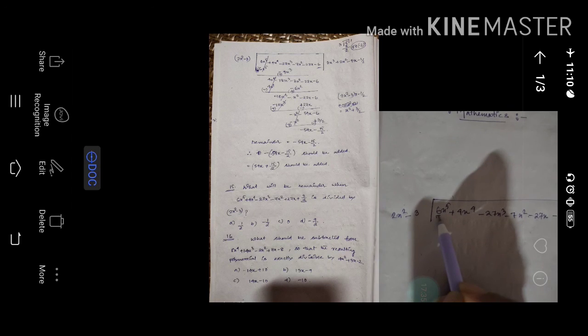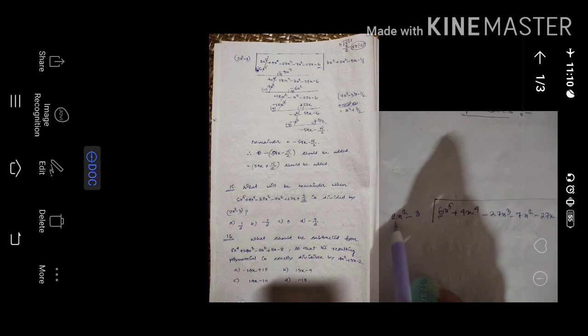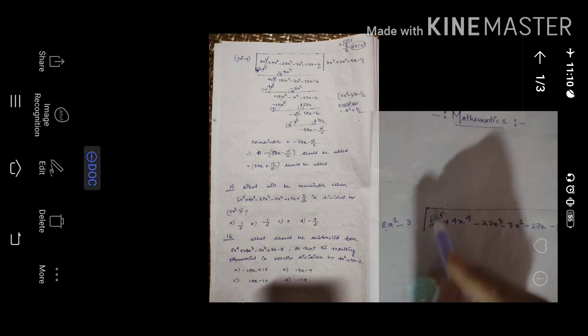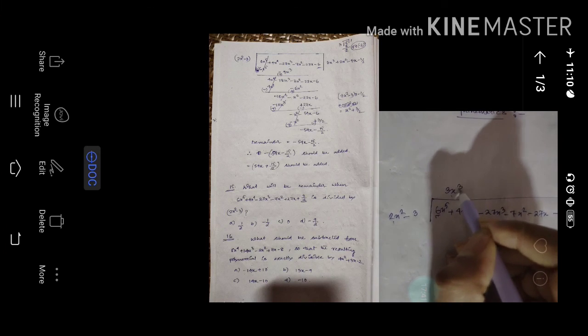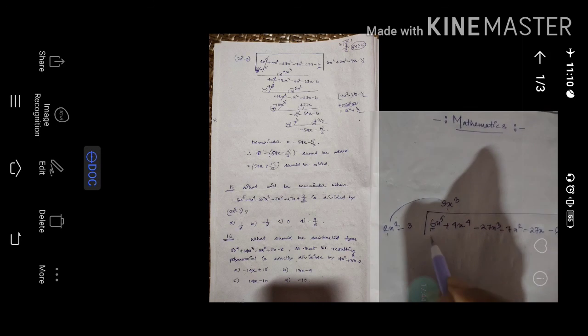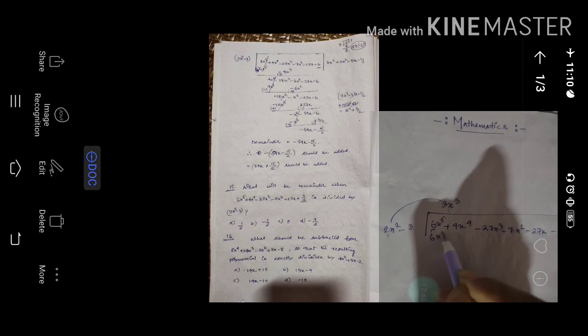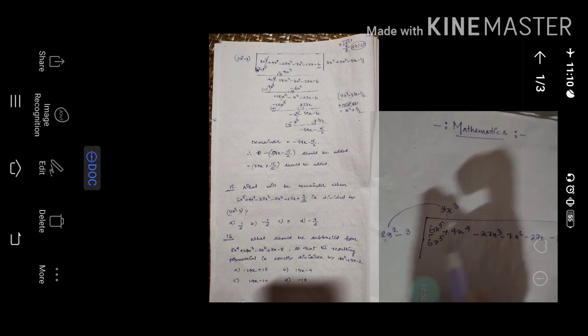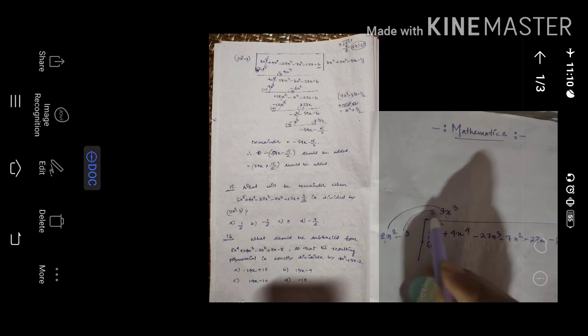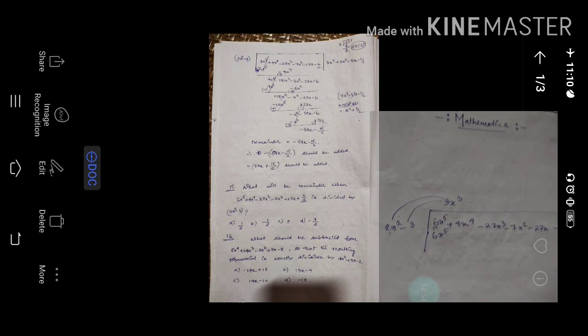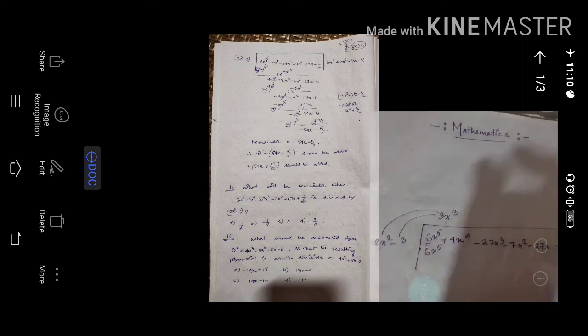Here, first of all you have to check the first term only. So here 6x power 5, that means I need this one, and the divisor is 2x square. So if I multiply with 3x cube, 2 into 3 is 6, x square into x cube is x power 5. Next we need to multiply with this term also. So minus 3 into 3x cube gives minus 9x cube.